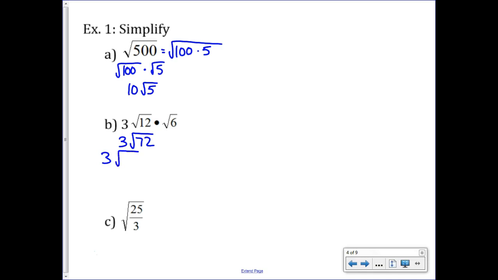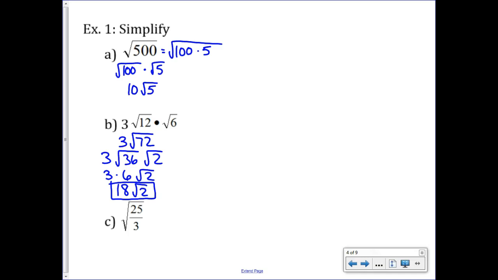And I think 36 is the largest square. And then I have 2 left over, so 36 times 2 is 72. Square root of 36 is 6, and then I bring down radical 2. 3 times 6 then is 18, and bring down that radical 2. Since we can't simplify the square root of 2, we are finished there.